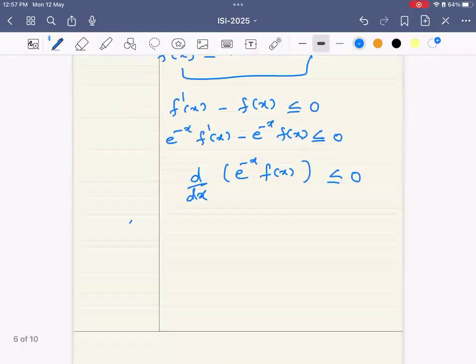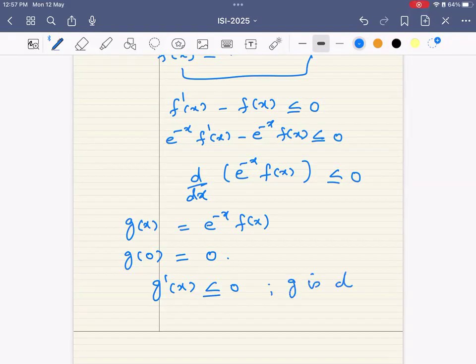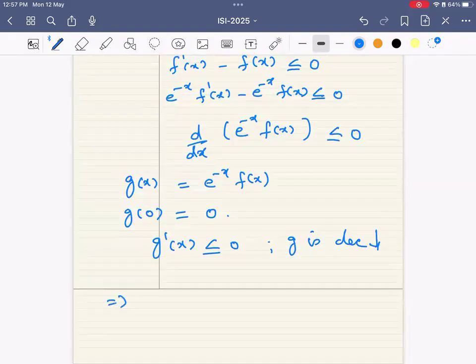So consider the function g of x as e to the power minus x f of x. What we know is that g of 0 is 0 because f of 0 is 0. And we know that g dash x is less than or equal to 0, which means that g is decreasing. That tells you that for all x positive, g of x must be less than or equal to g of 0, because g is decreasing.